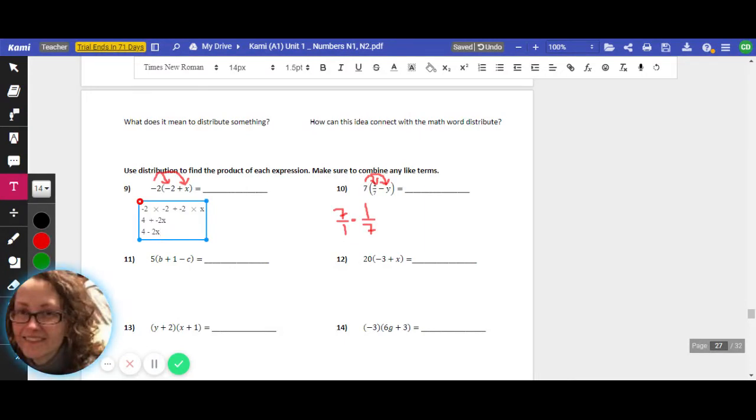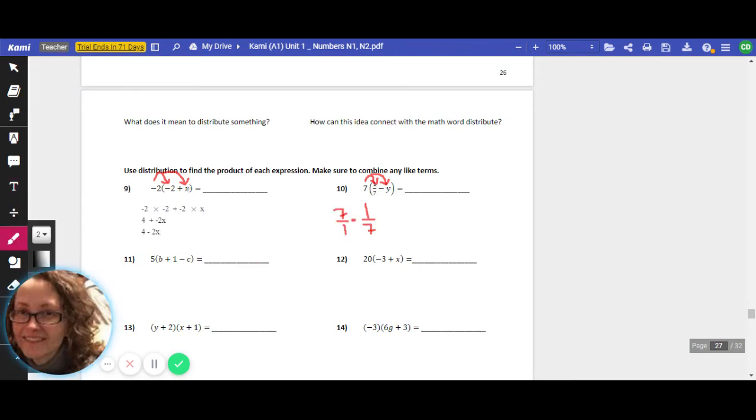So here I'm going to do the same thing when I bring in or distribute the 7 to both of these terms. I end up having this multiplication between the 7 and the 1/7. Well, remember from our multiplication lessons that 7 times 1/7 is the same as 7/1 times 1/7.